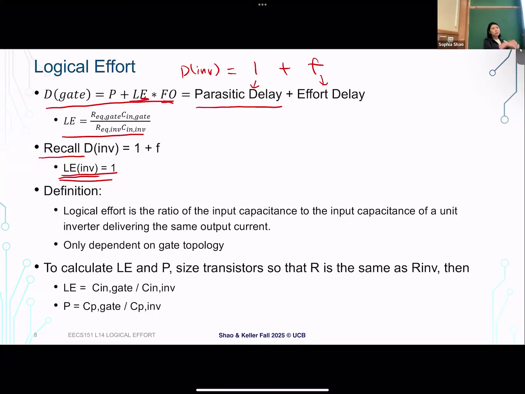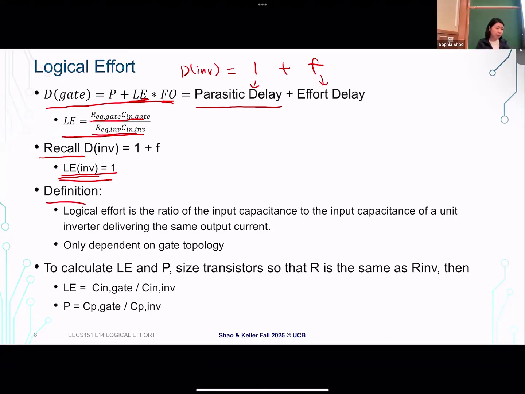We mentioned the logical effort models the intrinsic property, and is a way to quantify how much weaker my gate really is in terms of delivering the same current, right? So here we're basically finding the normalized ratio compared to an inverter. How much weaker is my current gate, right? Because from the topology, something is connected in series and it is weaker than an inverter, right?